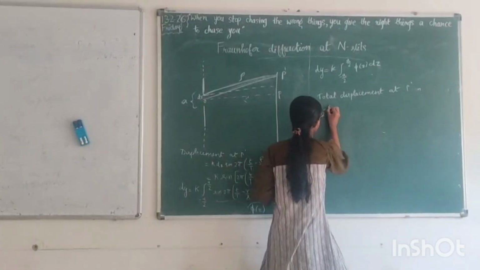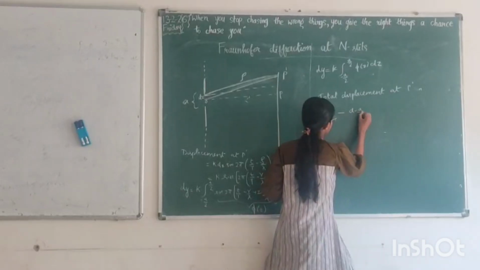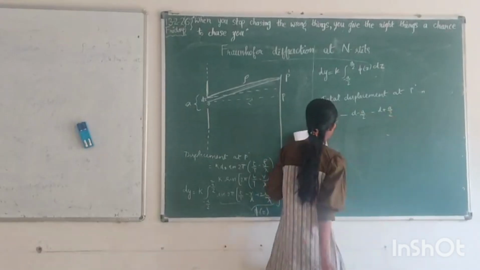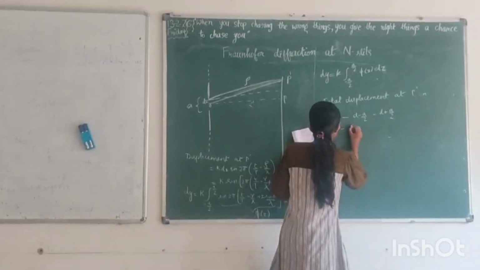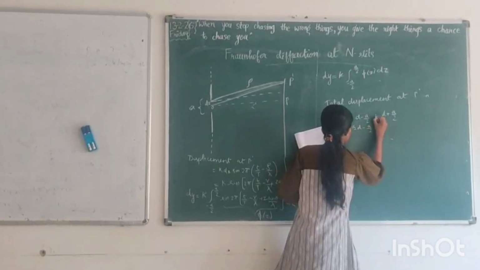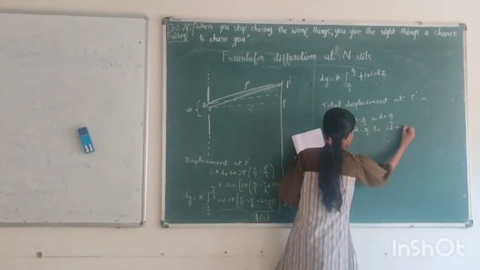For the second slit, the limits will be from d minus a by 2 to d plus a by 2. For the third slit, the limits will be from 2d minus a by 2 to 2d plus a by 2.